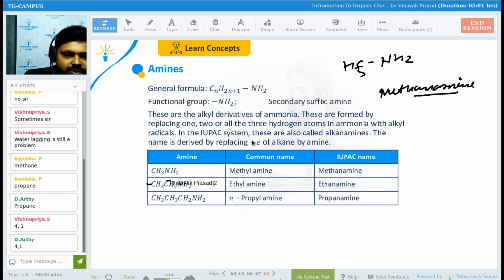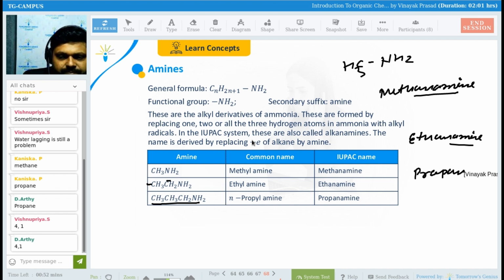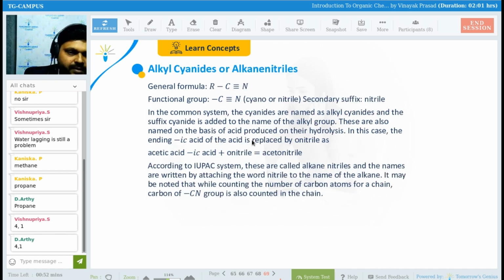Here two carbon is there, so it is ethanamine. Again here, 3 carbon and NH2 group is there, so it is propanamine. Is it okay, everyone? So NH2 group basically will be called amine.